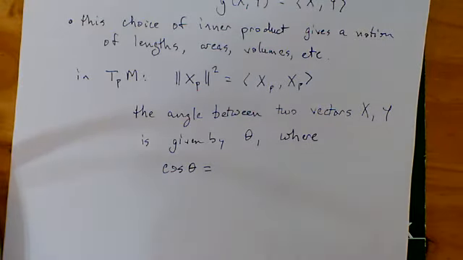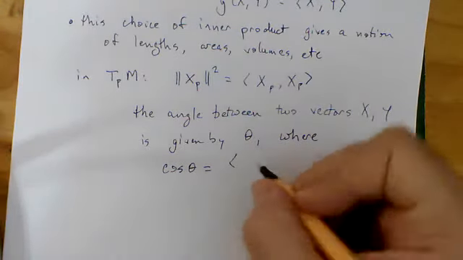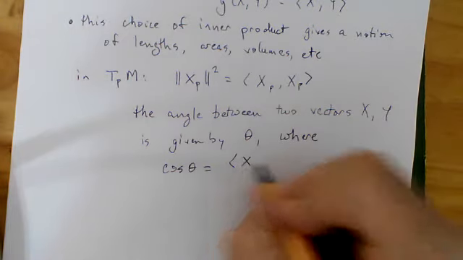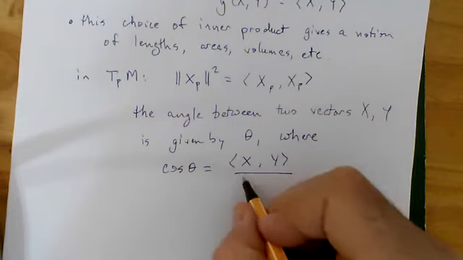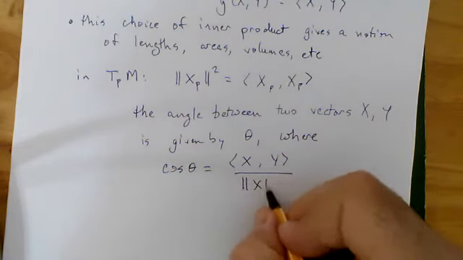The angle between two vectors is given by the ratio of the inner product on top divided by the product of the lengths.